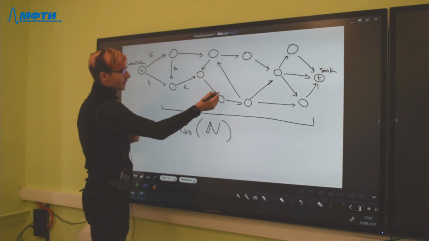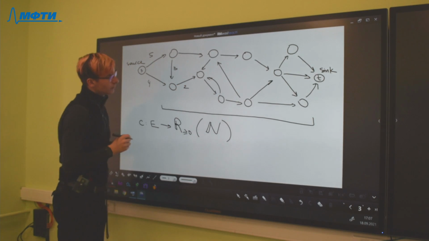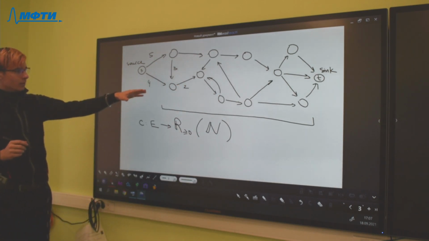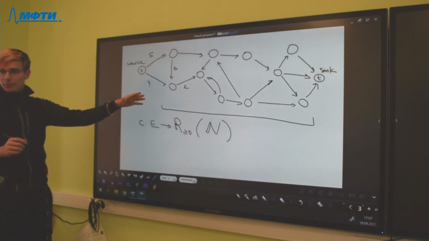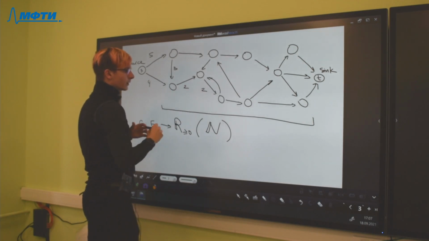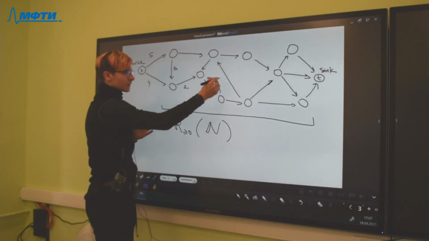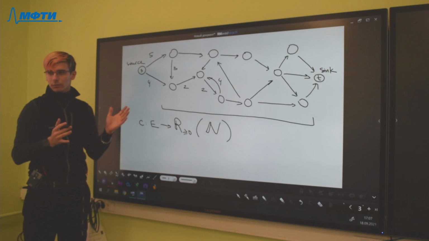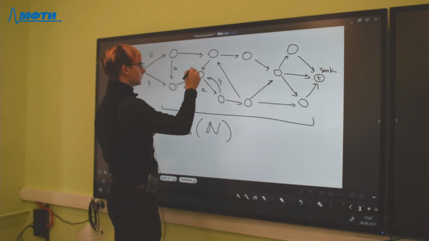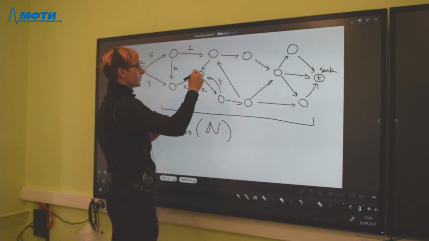And of course we can have edges in both directions, and they can have different capacities. For example, it can occur in our graph.